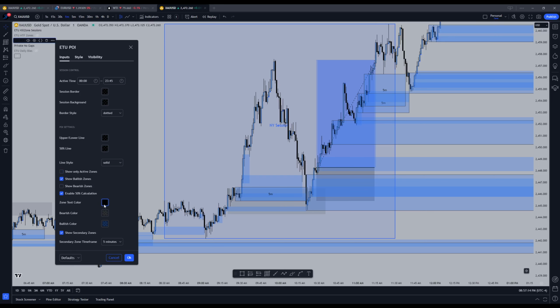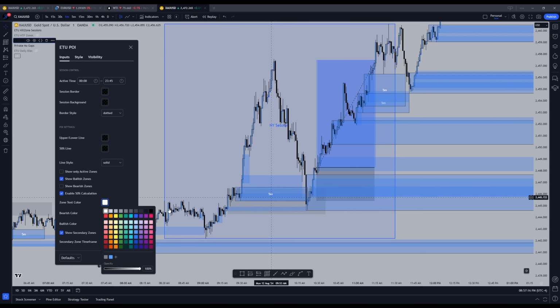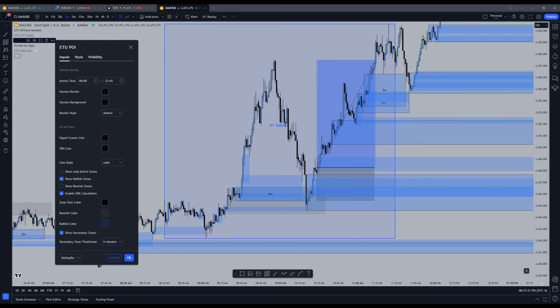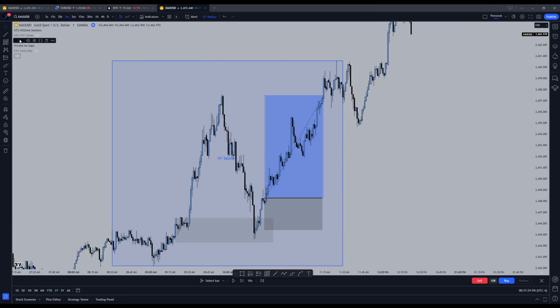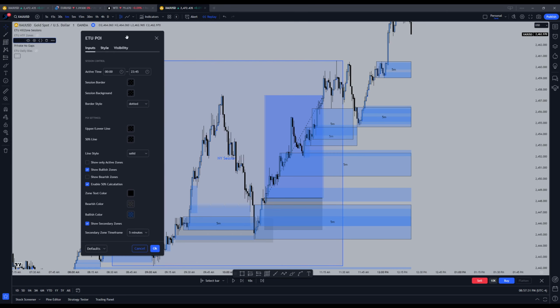Oh, one more thing: zone text color. This is just the text color for your alternative zone. So let's go over that. This was extremely hard to program. It took a lot of time to program this, but I finally got it done. What this does is allow you to see a different time frame POI while on the 1 minute.